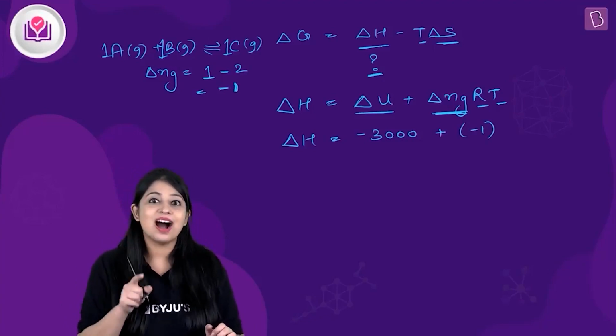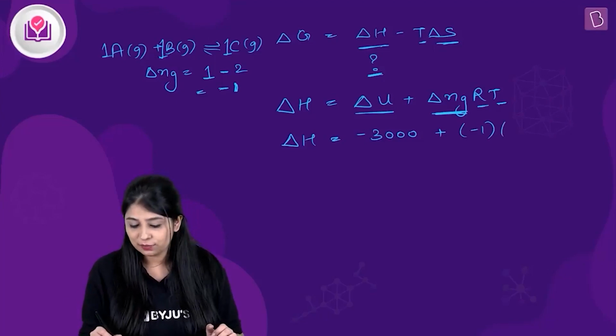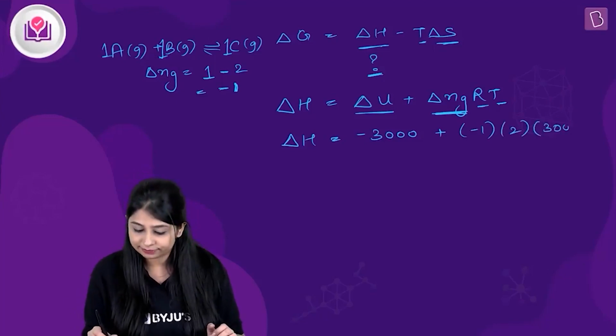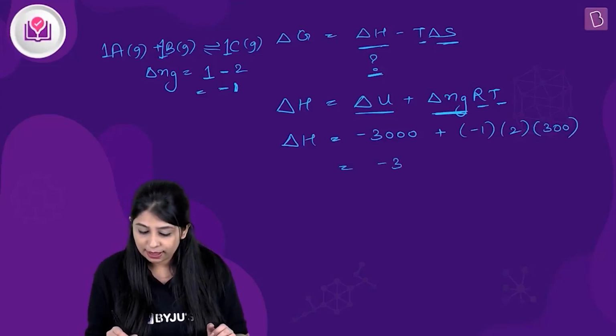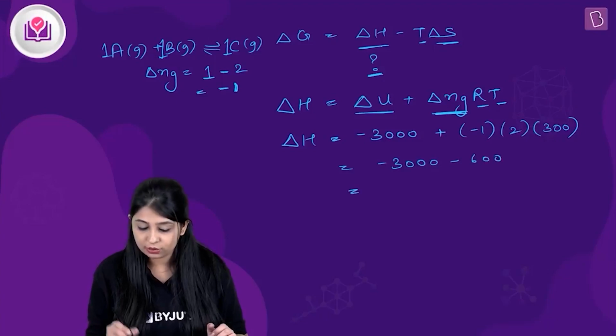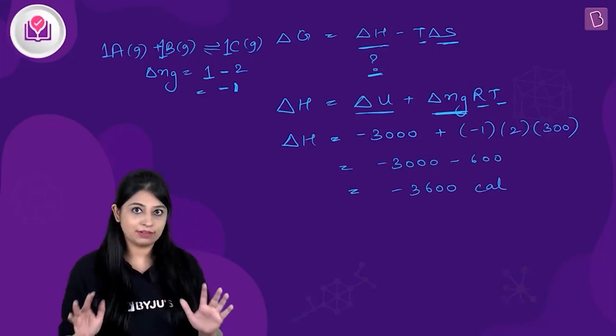We know that the value of R in calorie is 2, right? 2 calories. So 2 into the temperature given to us, 300 Kelvin. So this comes out to be minus 3000 minus 600. So delta H is minus 3600 calories. That's what we have in front of us.